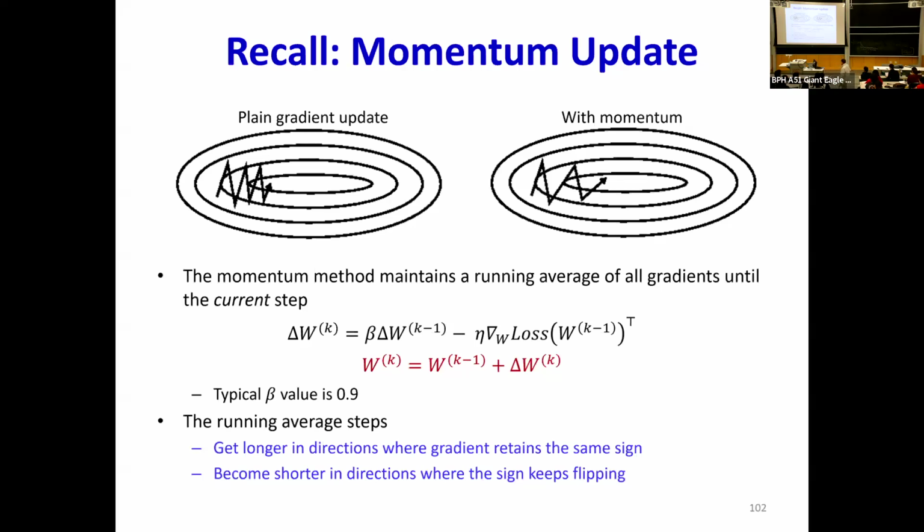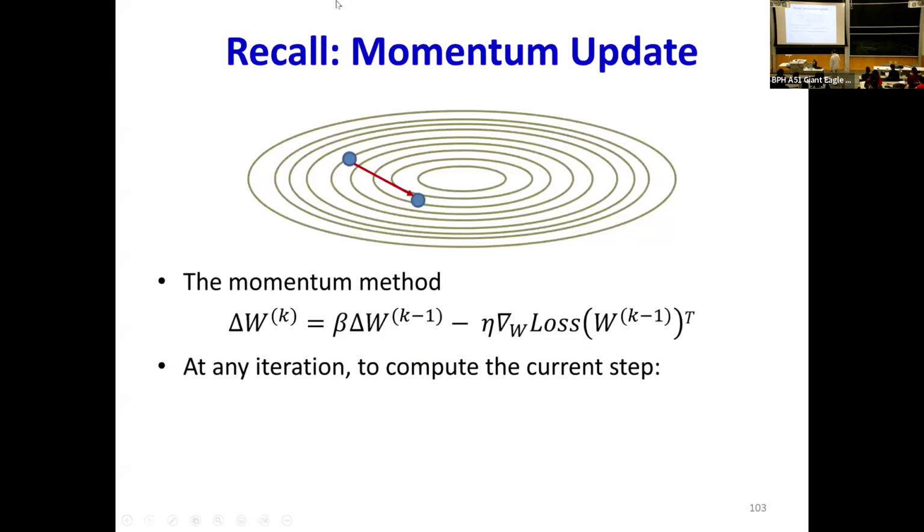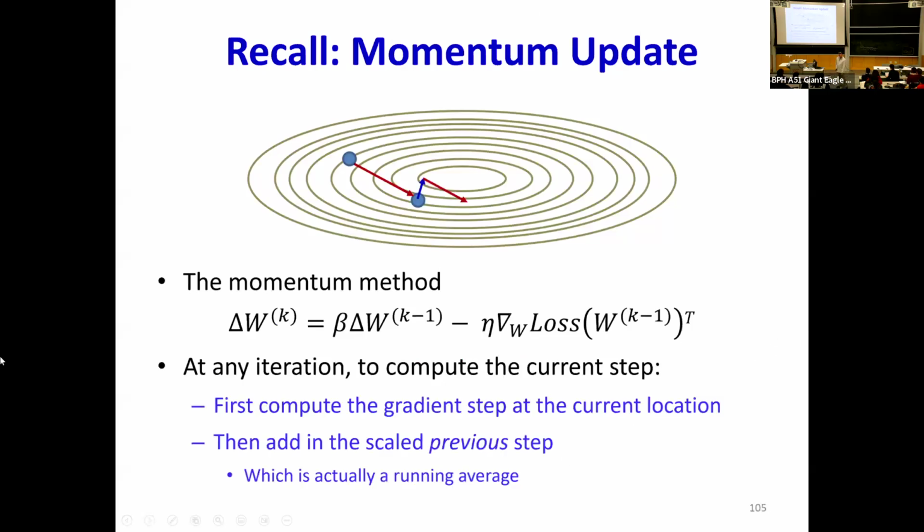In fact, you will see that the momentum method maintains a running average of all gradients until the current step. And we saw exactly what the momentum method is. By maintaining a running average, you sort of keep track of the gradients and keep them from swinging wildly. And once again, we saw that you could have both standard momentum or Nesterov's method, where in the standard momentum at each point, you computed a gradient and then added in a scaled version of the previous gradient.